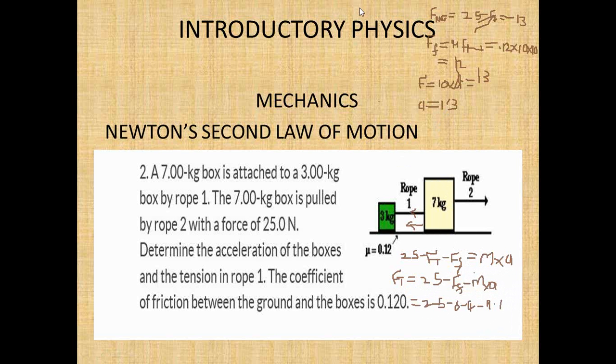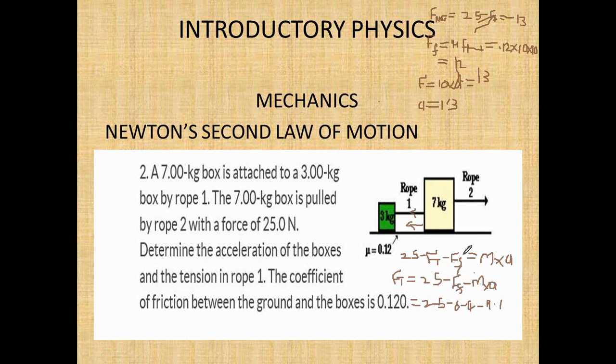Tell you what, give me one second. So the tension is equal to 25, which is the force going to the right, minus the frictional force, which is 0.12 times the normal force, which is 8.4. The tension in the rope is going that way, so we already took that to the other side, and then we subtract the mass times the acceleration.